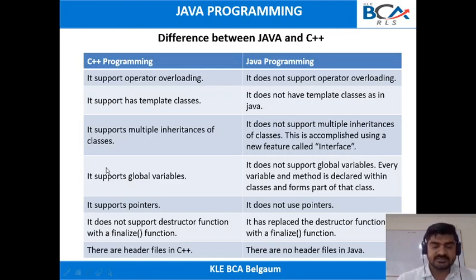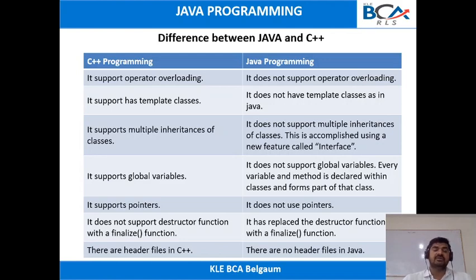Next, C++ supports global variables, but Java does not support the global variable concept. In C++, global variables are the variables that are declared at the top of the program outside any function.